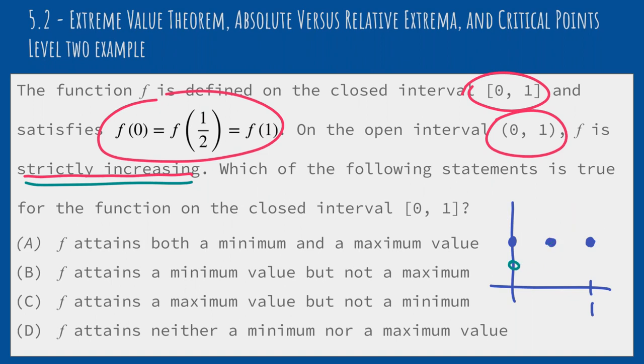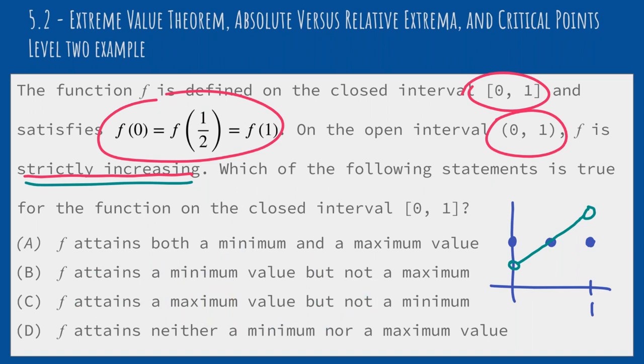I do want to point out that it could possibly look like, I don't know, this. That would satisfy this also, but I'm going to keep it a little bit simpler and just say that it is continuous on the open interval. This meets all the criteria, and it minimally meets all the criteria. So we could have some more fancy stuff in there, but it's going to look something like this.